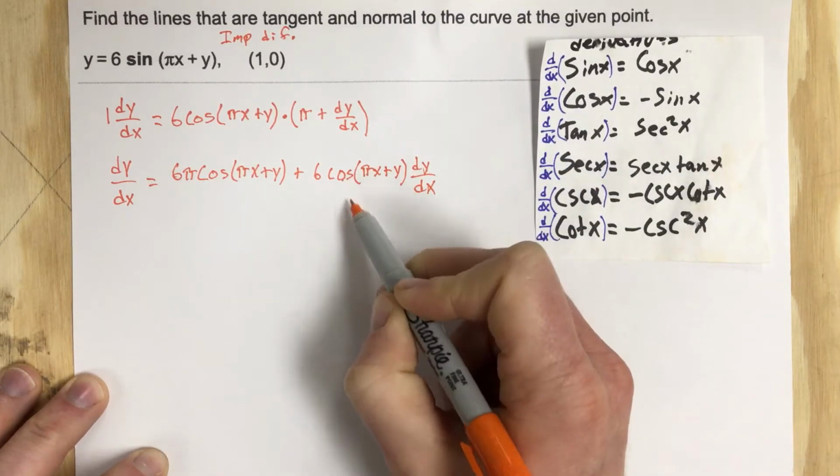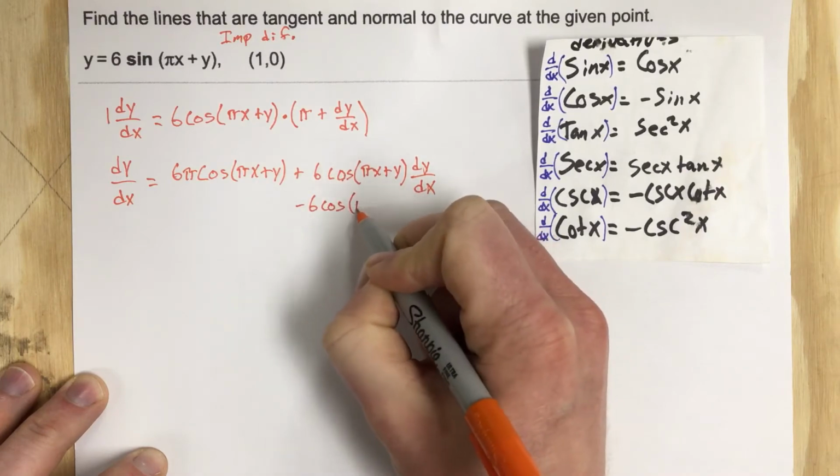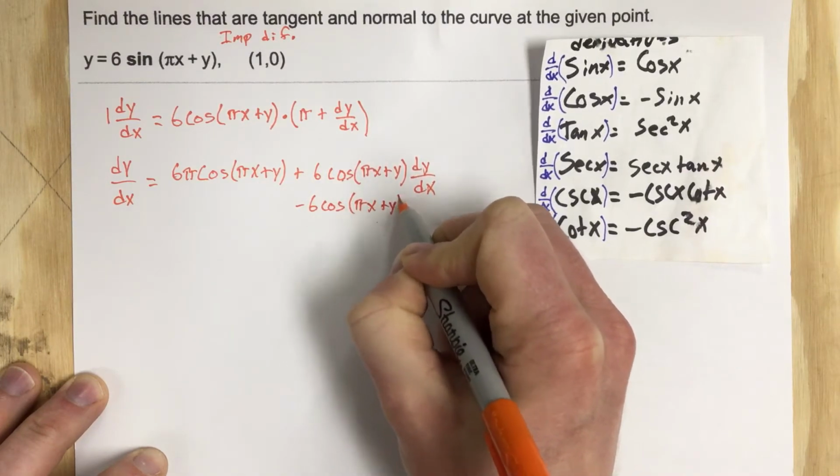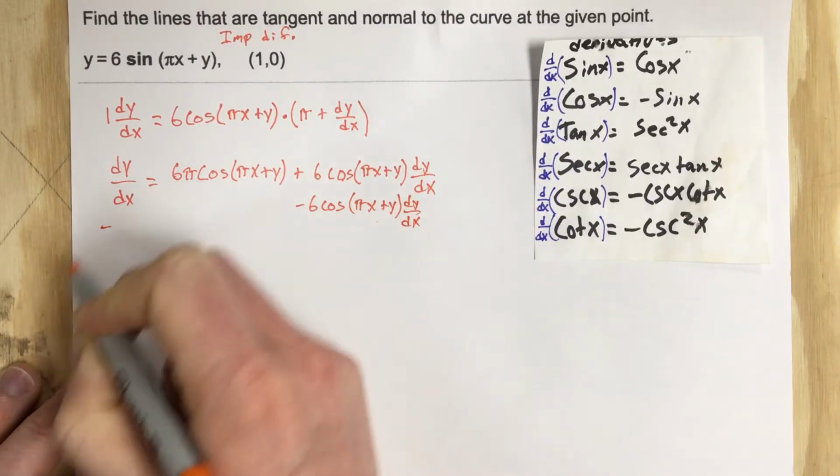We're going to subtract this to the other side, so we're going to subtract 6 cosine pi x plus y dy over dx to this side.